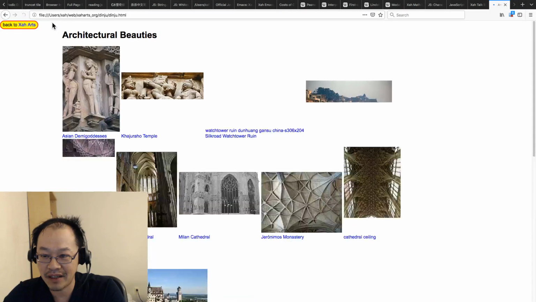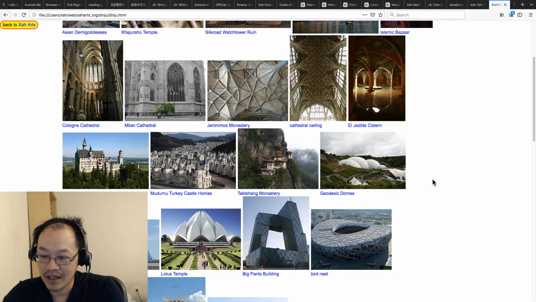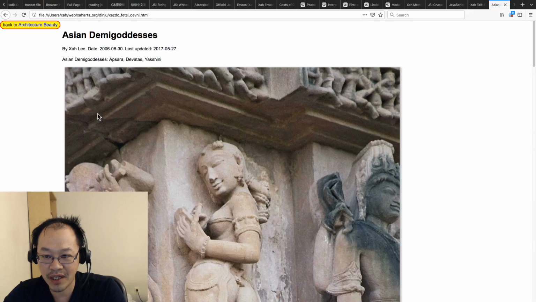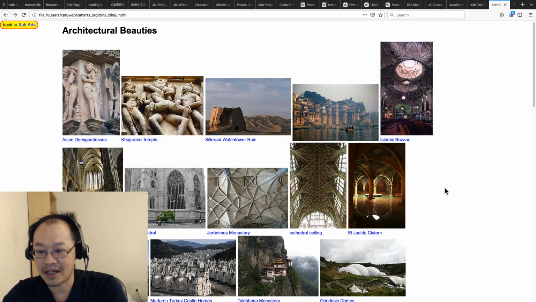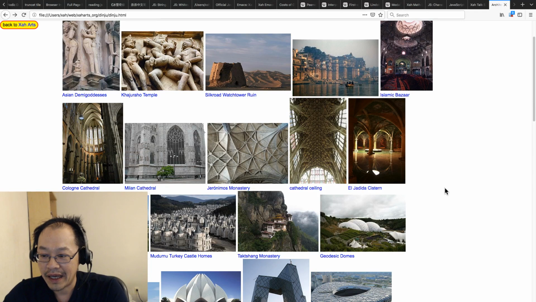And by the way, this is part of my architectural beauties website, which is part of xahlee.org. This is my local copy. So I started to collect these. For example, the first one was written around 2006. That's like 15 years ago.